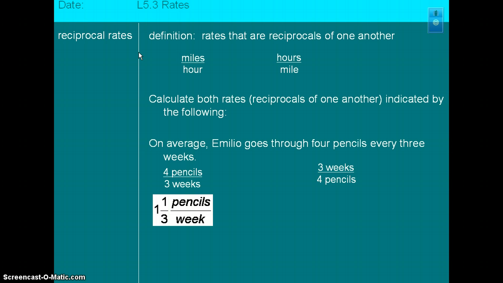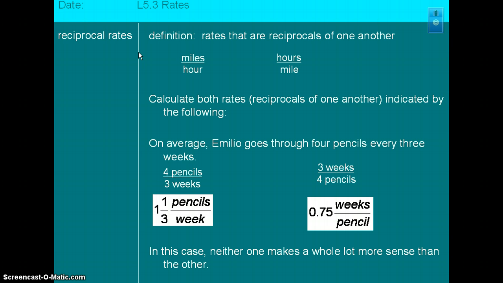We could also use the reciprocal rate where we do weeks per pencil. 3 weeks per 4 pencils, which would indicate 0.75 or 3/4 weeks per pencil. Depending on what you're trying to do with the rate, one of these may be more useful than the other. Neither one really stands out as being correct, so we could use either of these rates.